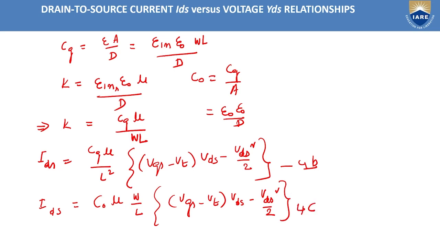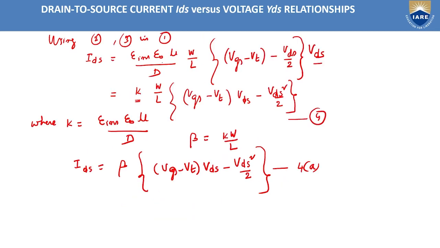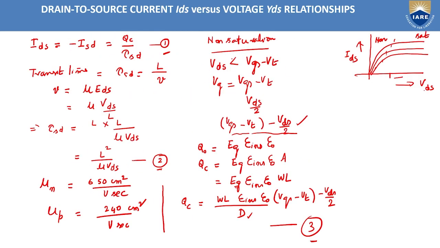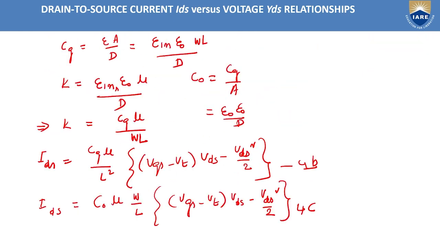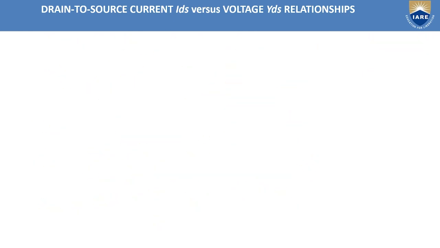So these are all the relationships we have derived for the non-saturation region. And for the saturation region, we have higher values of VDS. So I am going to write the equations for the saturation region.